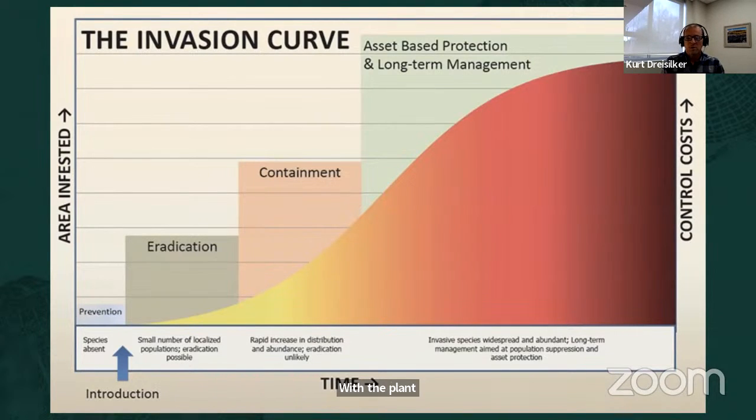So in the red, where the plant is infesting large areas, the plant has been around for a long time, and it will take a lot of money and resources to control that. The initiative I'm talking about today is focusing where the blue arrow is on the left, where the plants are just introduced into a botanic garden or arboretum context, and we can start to see when plants start spreading from cultivation.